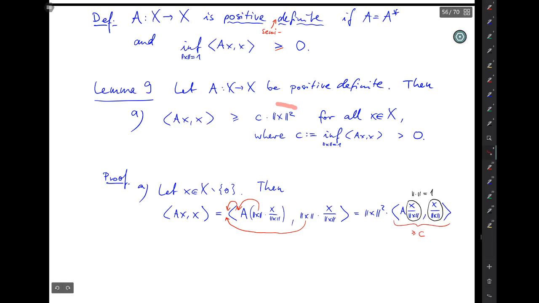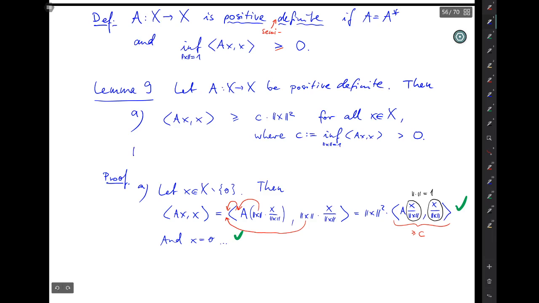And that proves our claim for the case when x is not the null vector. But looking at this separately, we can immediately tick this case also. Okay, so you get 0 here, 0 here, so you get 0 on the left, and some constant times 0 less than or equal, yes, is true. Which finishes the proof of part A.